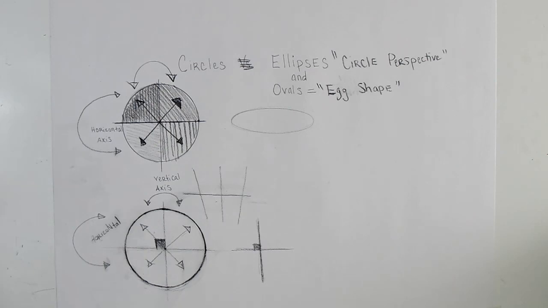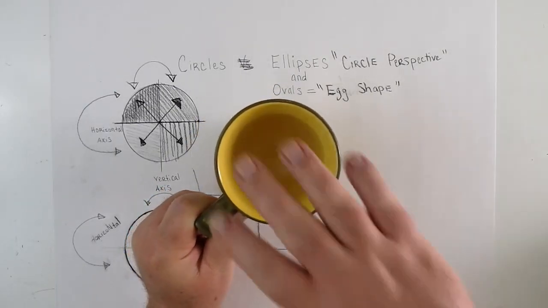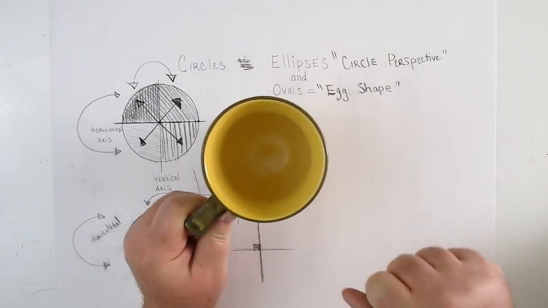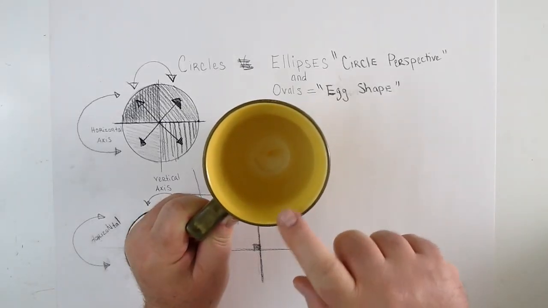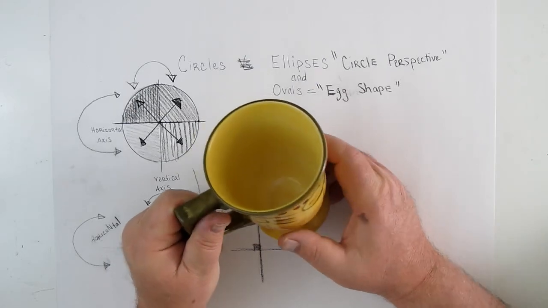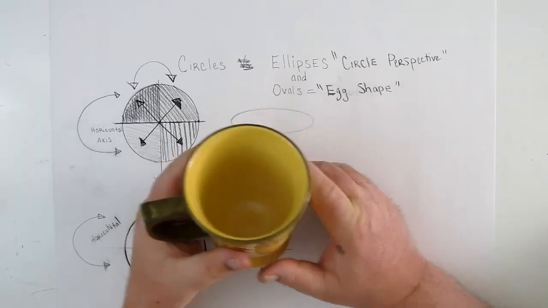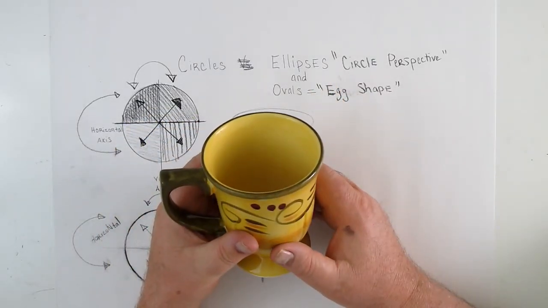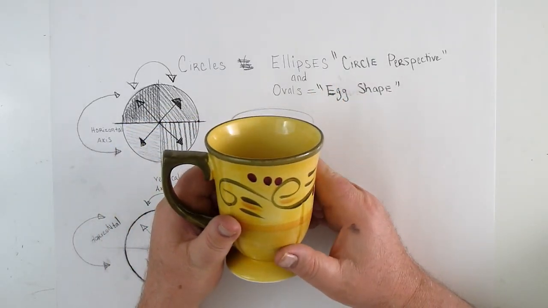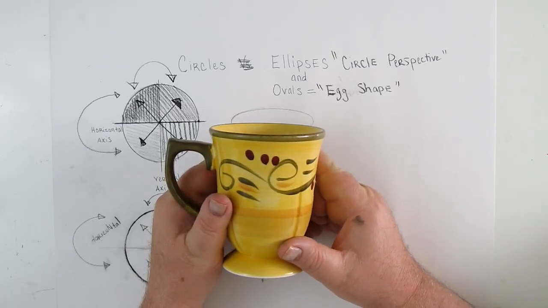But if I was drawing a cup, and I'm looking straight down on the cup, like the camera is, I can see this as a full circle. But the moment the cup begins to turn away from the camera, it's going to go into perspective. It becomes an ellipse. It's still a circle, it's just that the circle is going to change as it tips further and further away from my eye.